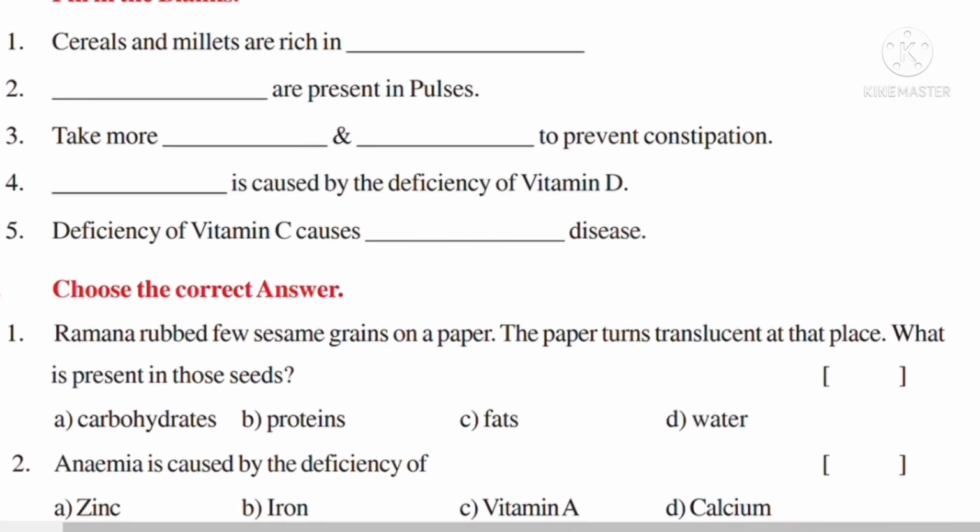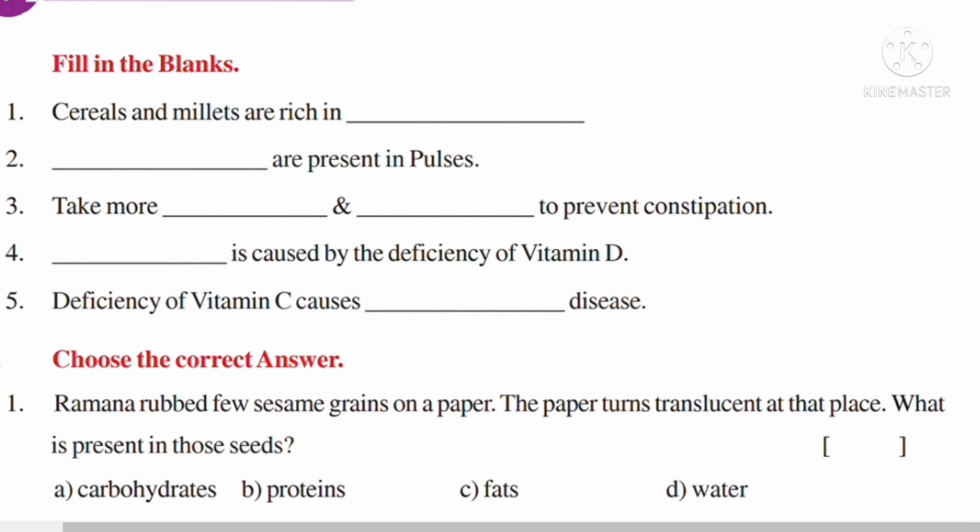Now let us do the practice bits. Cereals and millets are rich in carbohydrates. Dash are present in pulses. Proteins are present in.